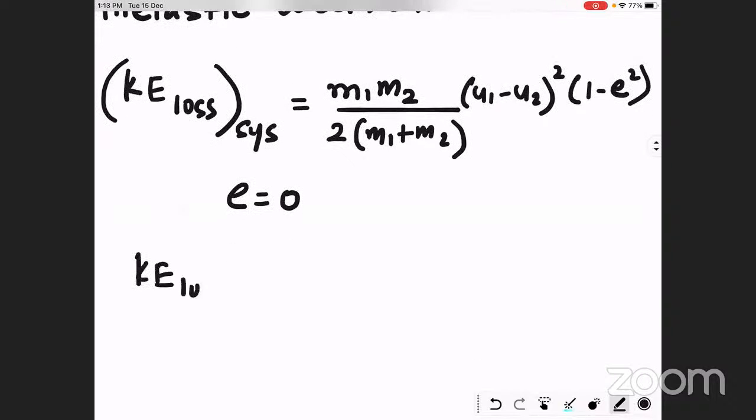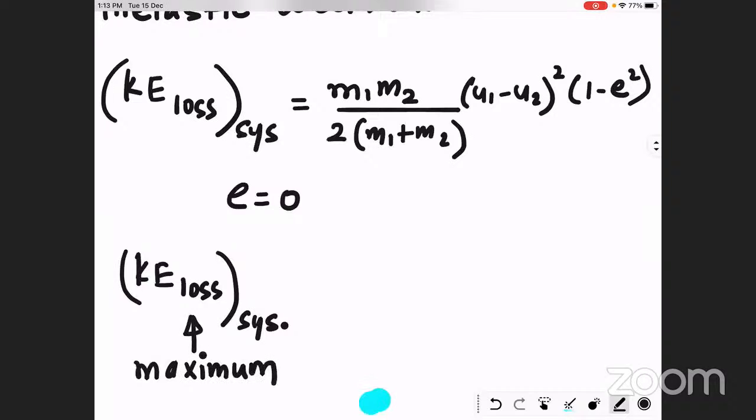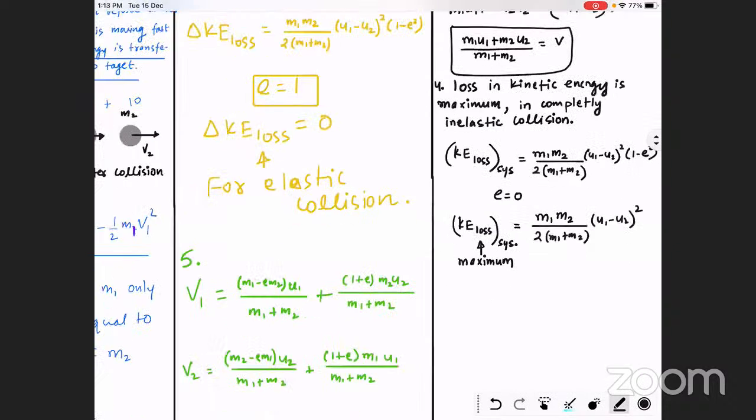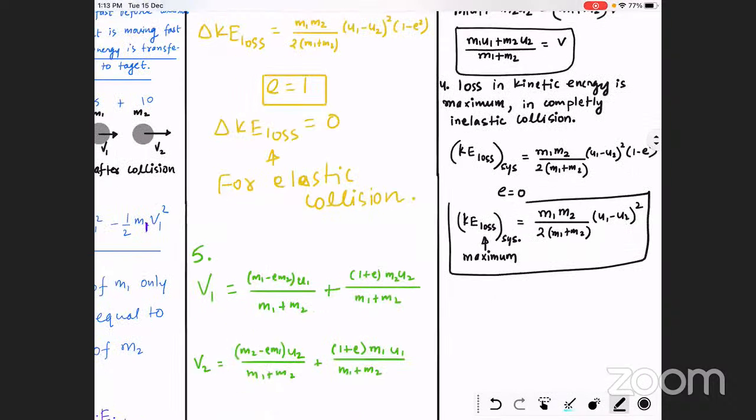That's why the loss in kinetic energy of the system is maximum. The moment you put e equal to 0, the loss will be maximum, and if you put e equal to 1, you will get 0 loss. 0 into anything becomes entirely 0. So believe me, children, this is the maximum possible loss in the kinetic energy of the system.